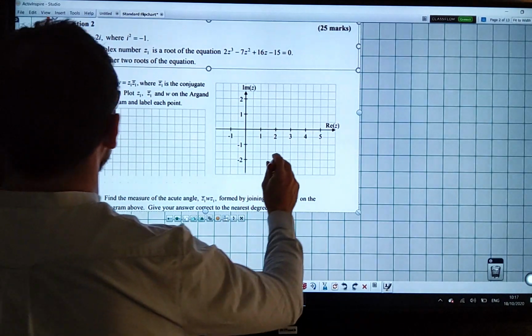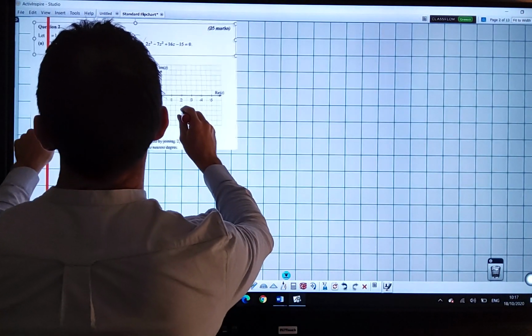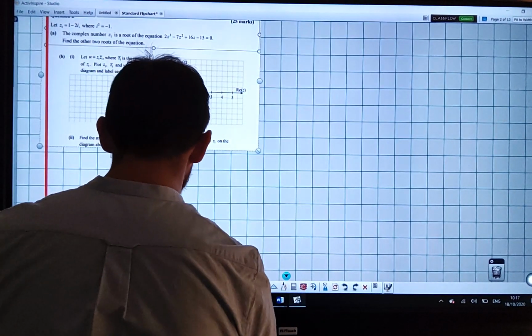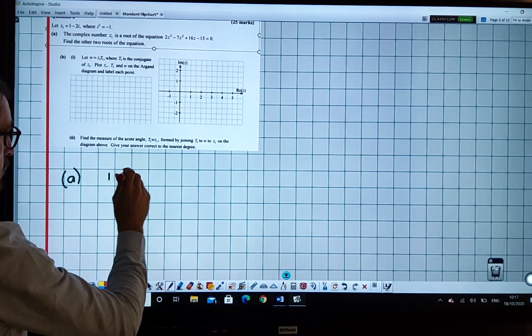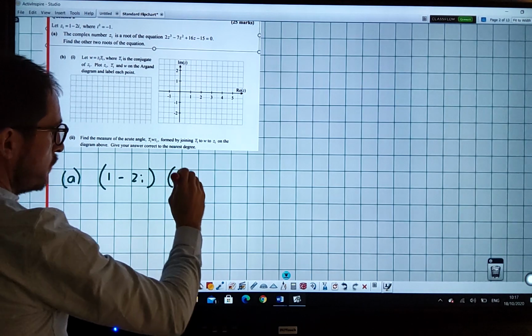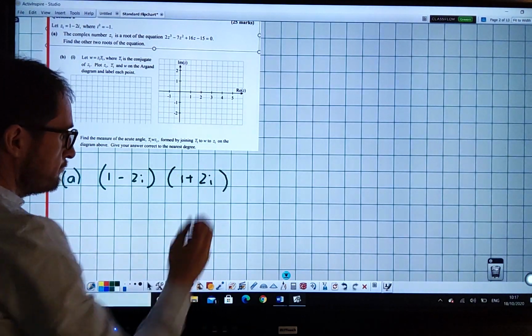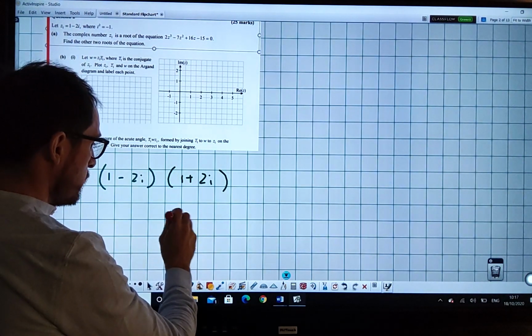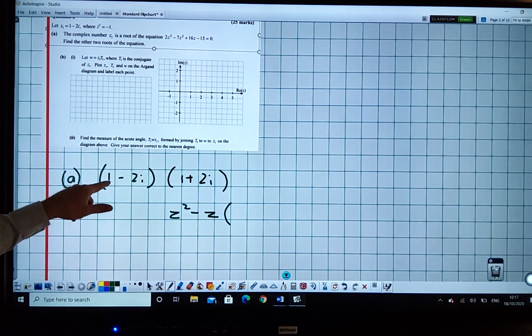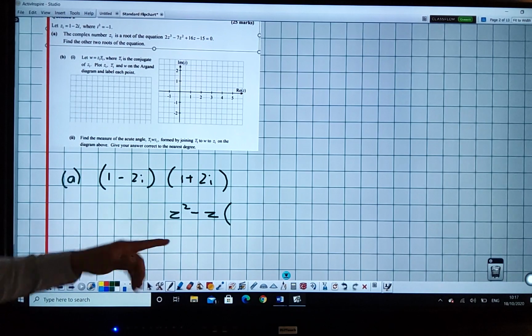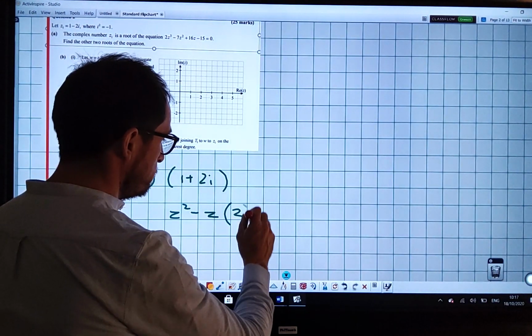So what I do is I start off, so this is part A. So 1 minus 2i and 1 plus 2i are two of the roots. So that's going to be z squared minus z times the sum of the roots. So let's add these together: 1 plus 1 is 2, minus 2i plus 2i, so it's going to be 2.